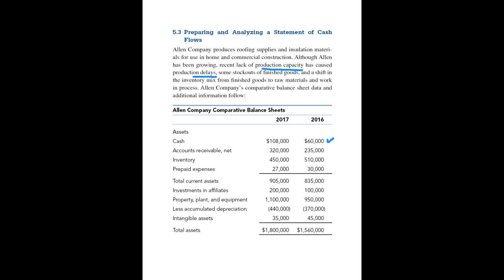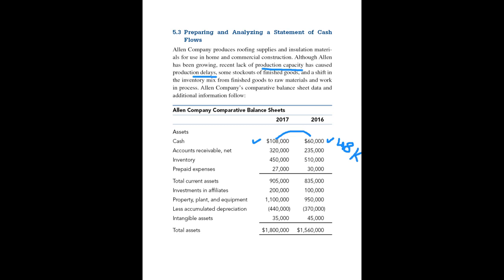So the difference is 48,000. It means that the change in the cash flow statement should give us an answer of 48,000.